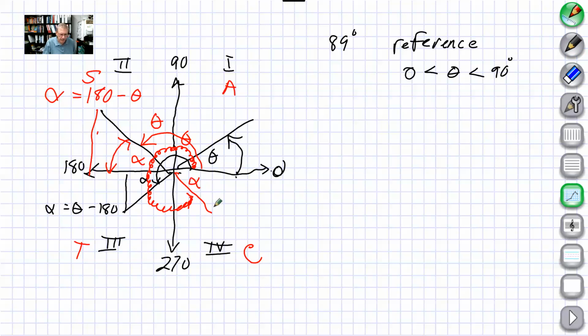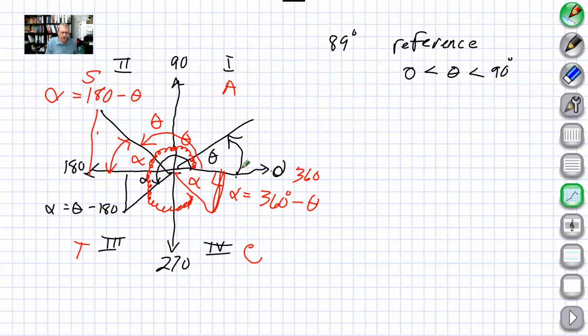Our alpha is from here to here. It'd be a right angle. So our alpha angle is right there. And alpha, in this case, because this is a very big angle, it's in the range from 270 to 360. We're going to use 360 minus theta. And again, the cosine and the secant would be the only positive ones.